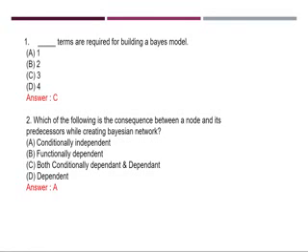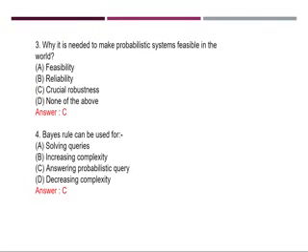So in multinomial Naive Bayes, the multinomial distribution is important. It is represented by this formula: the probability that capital X1 is equal to small x1, capital X2 is equal to small x2, up to capital Xk is equal to small xk, is equal to n factorial divided by x1 factorial, x2 factorial, up to xk factorial.